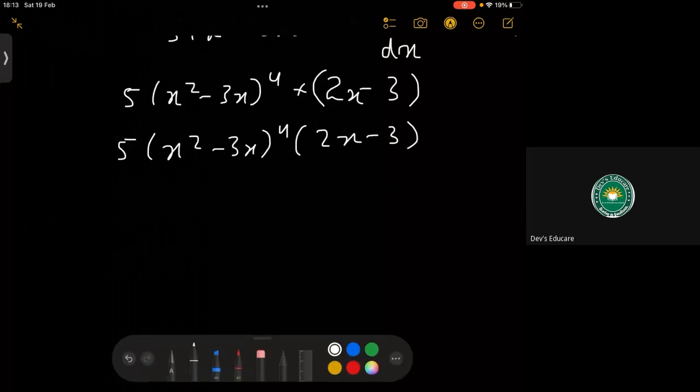Do question number two. Question number two. Which part? Let me check it. Do question number two, C part, and F part, H part. CFH.